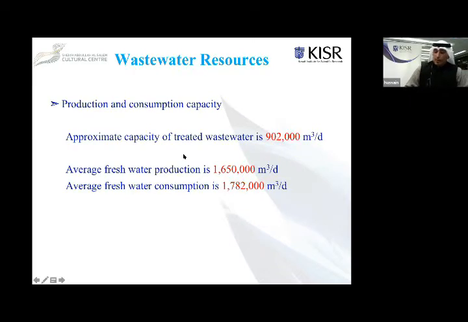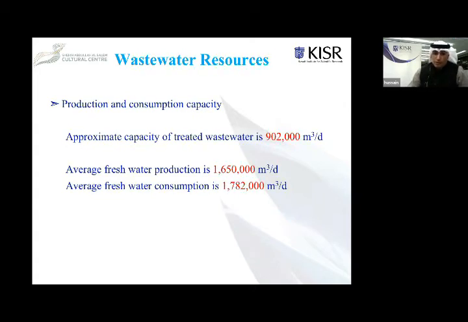As I said, regarding the capacity and the production of water and wastewater, for example, we are now generating daily 902,000 cubic meters per day of treated wastewater. And the average freshwater production is 1,650,000 cubic meters per day.